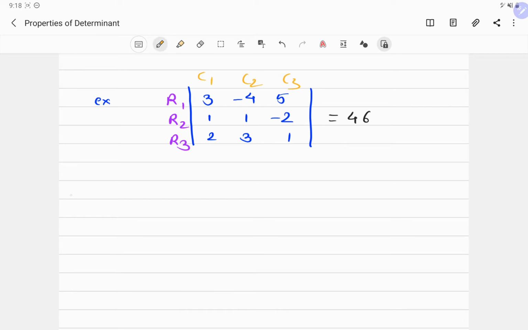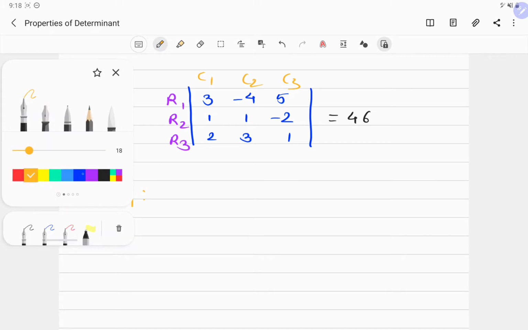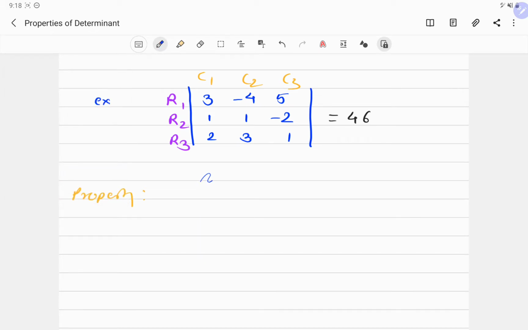As per this property, they want us to change all the rows and columns of this determinant, so I am interchanging all the rows and columns.